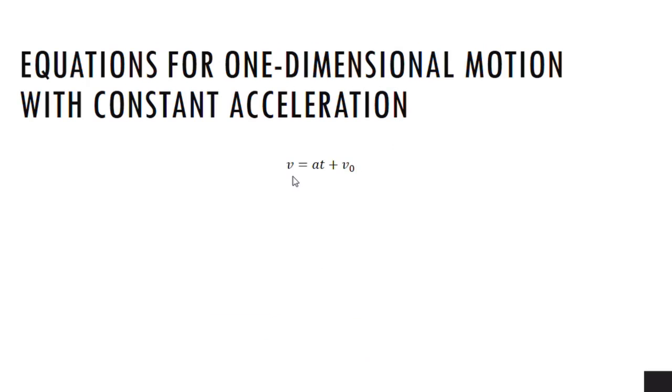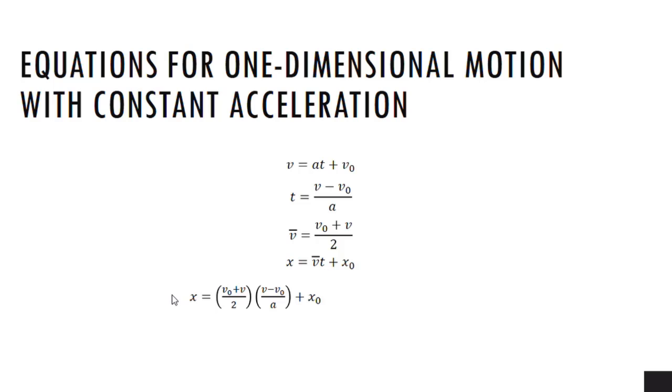As already described, the final velocity is equal to the initial velocity plus acceleration times time. So time is equal to the final velocity v minus the initial velocity v naught, divided by acceleration, and v bar can be written as v naught plus v divided by 2. I put the t and v bar values into x is equal to x naught plus v bar t.